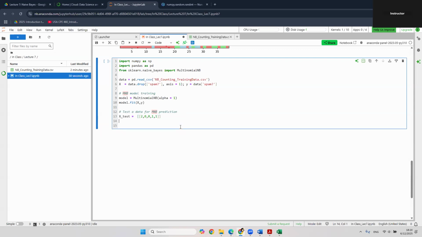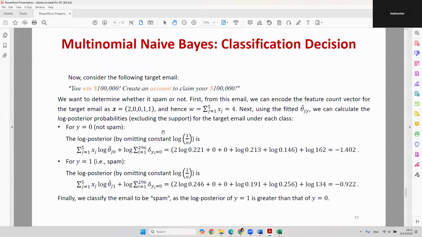Okay, so now I'm going to have model.predict, right? So model.predict on the test data, and this will give you a 1D array. Since we only have one single data point, it's going to be a single value. If this is equal to one, that means spam, I believe.